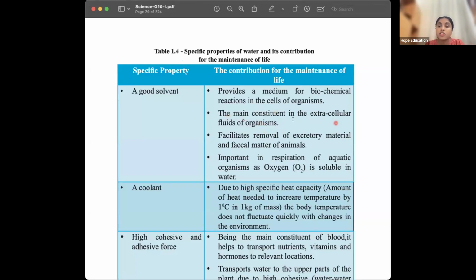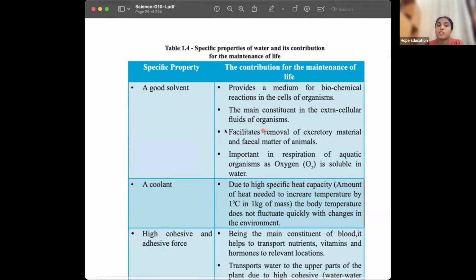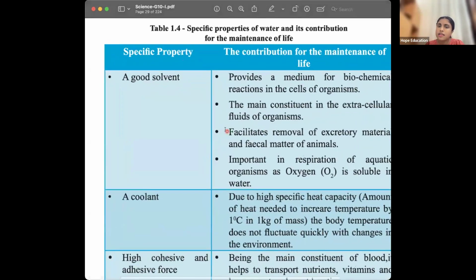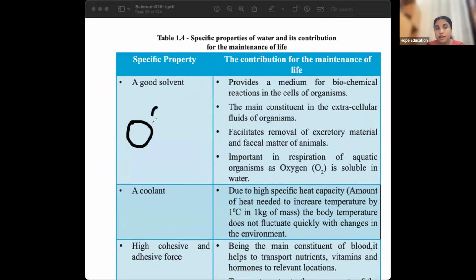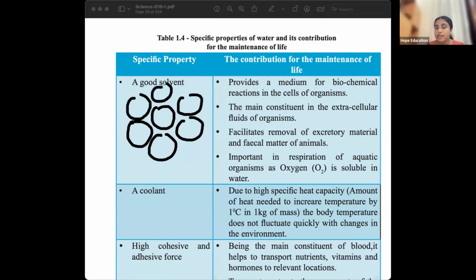Then the main constituent in the extracellular fluids of organisms. What is this extracellular fluid? I will let you write this later. For now, just listen. You don't need to draw anything, just listen. Now, our body's cells are like this. Now, you know, inside the cells, there's water in it. That's why they say provide a medium for biochemical reactions. But not just inside the cells.